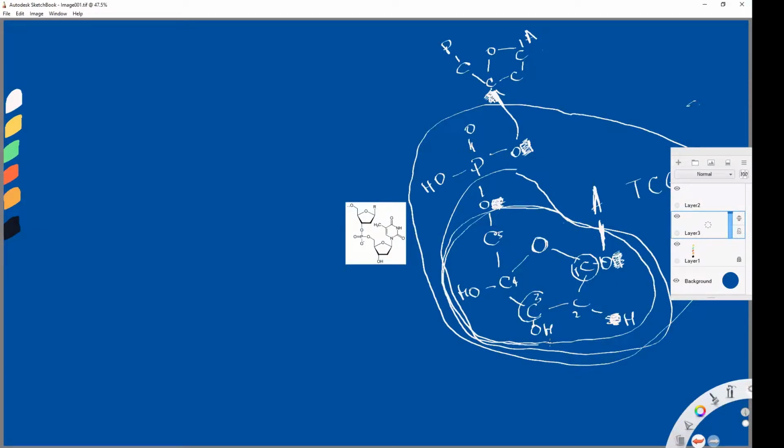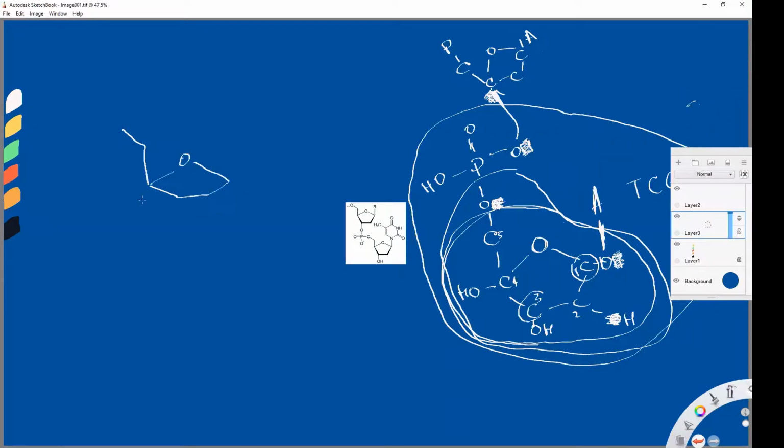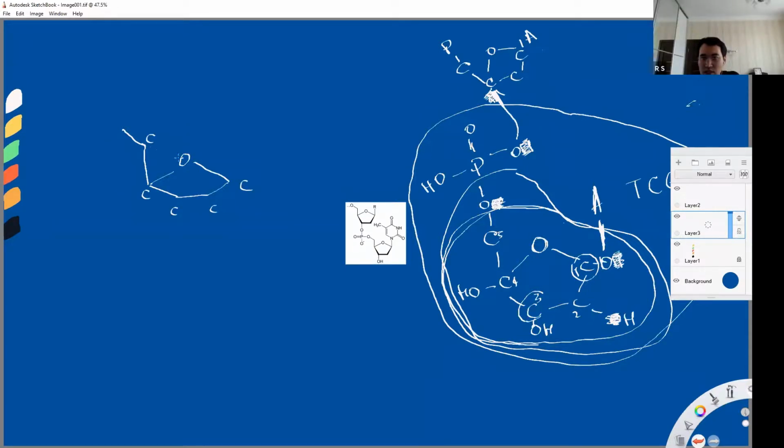There is one more question. In the structure of sugar, there are thicker bonds, like bold, and thinner ones. What's the difference between them? It's usually just the representation. Whenever you have corners, it means that we have carbon there. So this corner means carbon, carbon, carbon, carbon, and carbon.